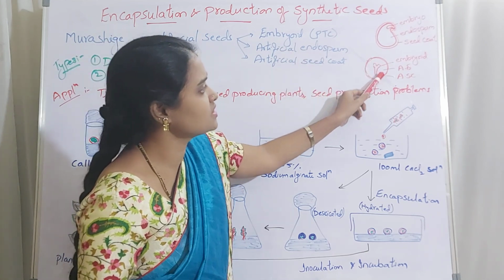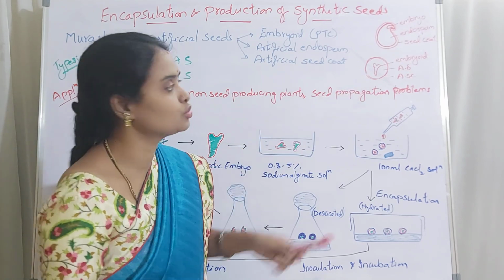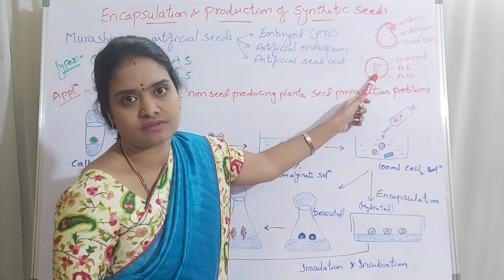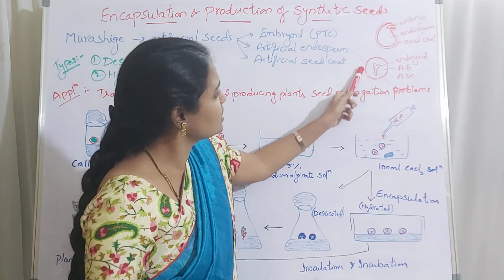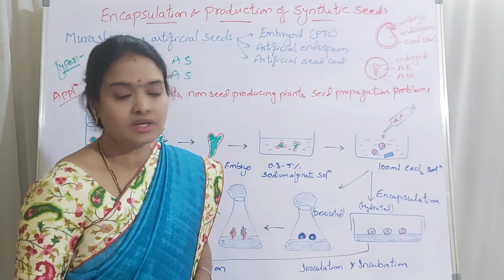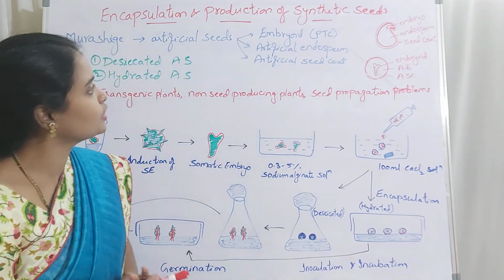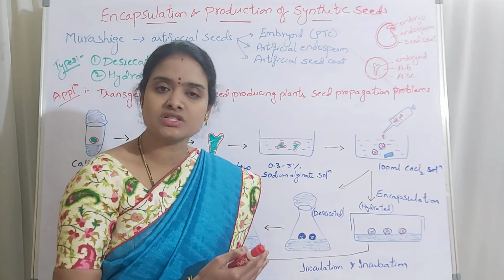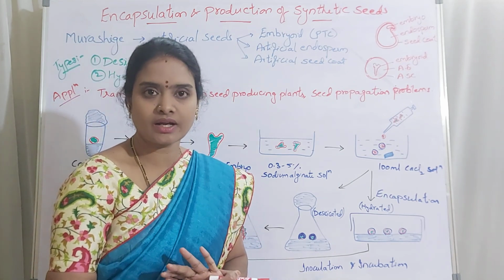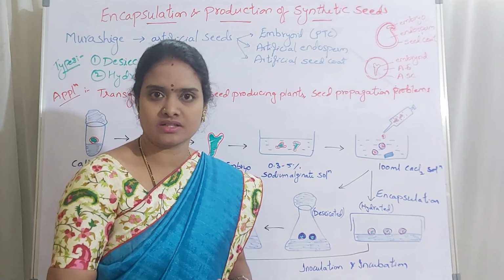So this region is the artificial endosperm which provides nutrition to the developing embryoid, right? Then the gel itself forms the artificial seed coat. And here he has selected the carrot plant and he was successful in producing carrot artificial or synthetic seeds, right? Which were sown later to produce carrot plantlets, right?